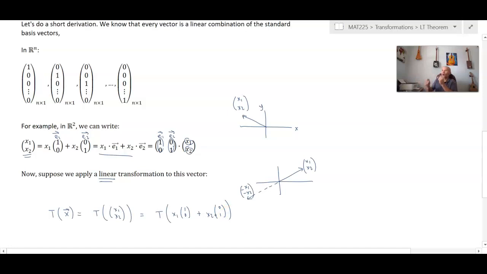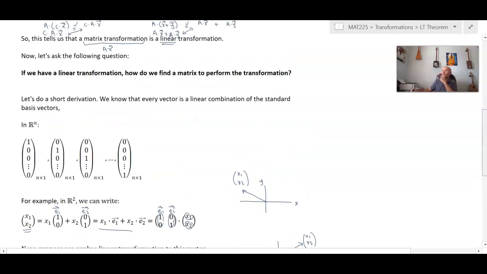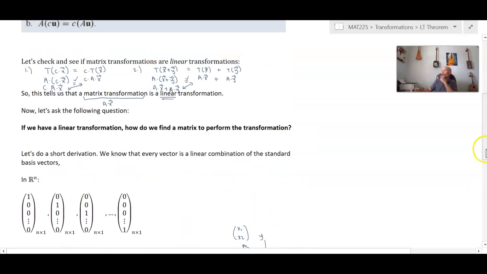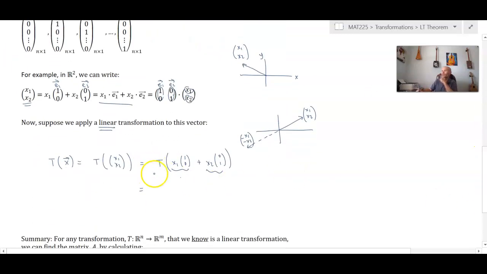Because we are assuming that we are looking at a linear transformation, the transformation of a sum of two vectors, think about this as one vector, and this as another vector, since this is a linear transformation, we can apply property 2, namely this guy here, and I can take the transformation of the two vectors separately.